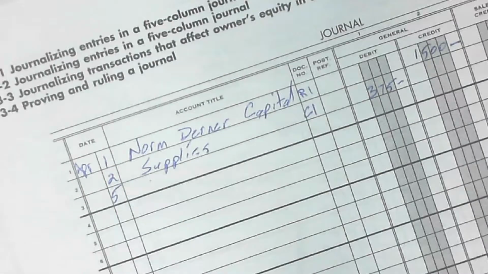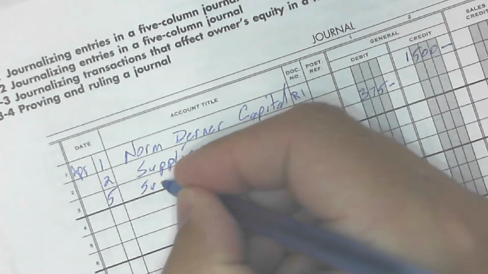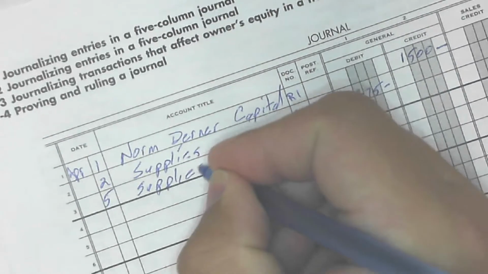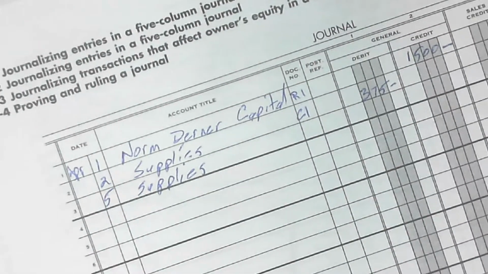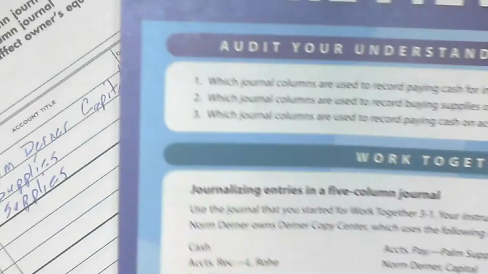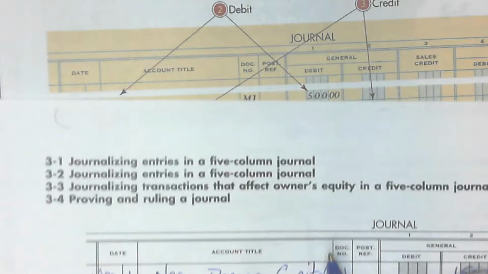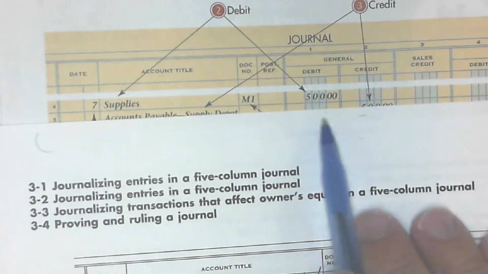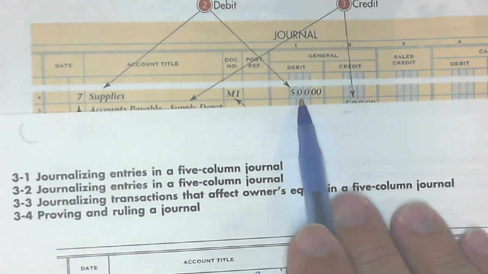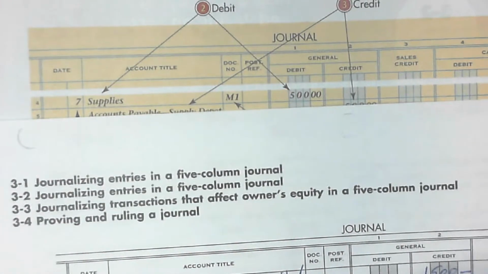So we'll have supplies. Let's see how much that was. It's $500. So our supplies is going to go into the debit column.